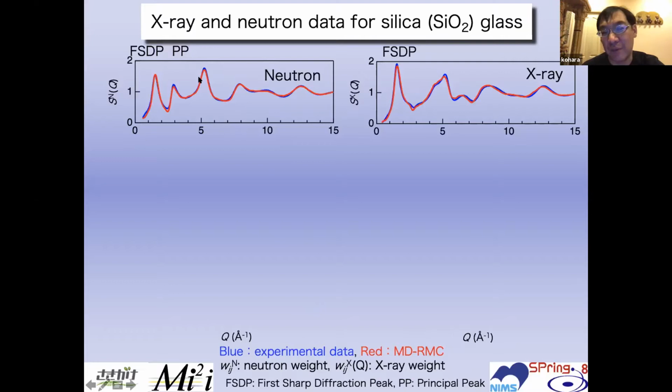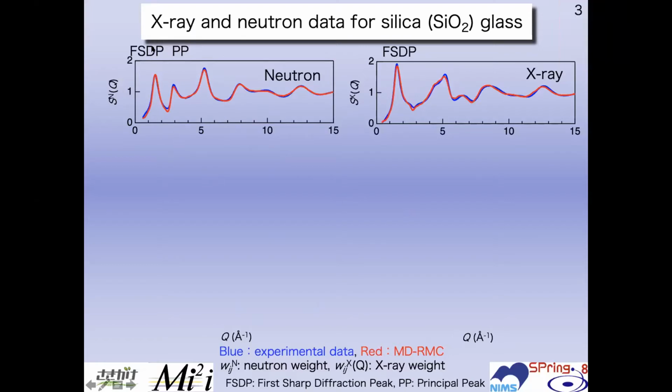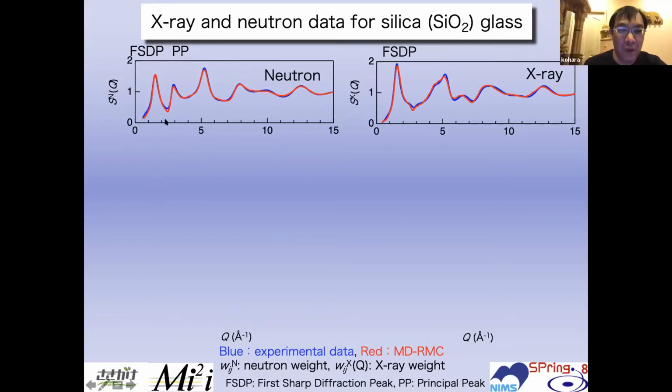So there is very good agreement between the experimental data and the model. In both diffraction data, we can observe the first sharp diffraction peak at almost the same Q position. However, the second principal peak can be observed only in the neutron diffraction data. We cannot see such a peak in the X-ray diffraction data. So I'd like to explain the reason why.